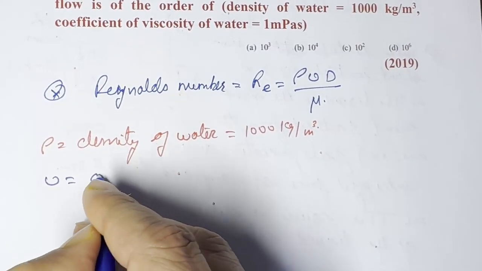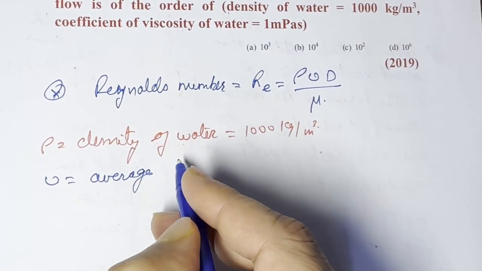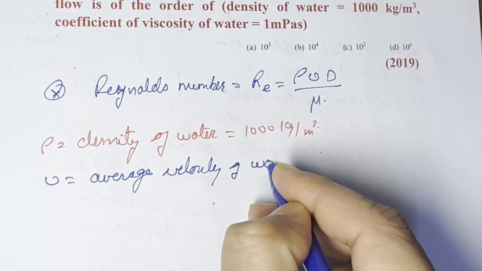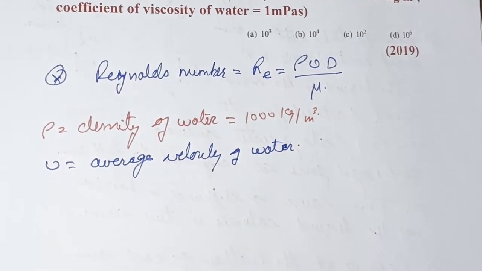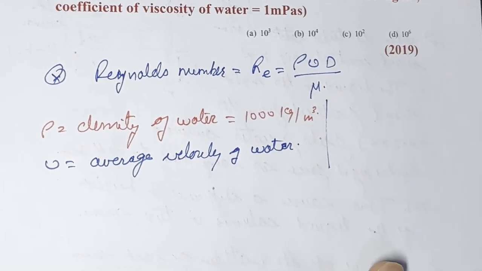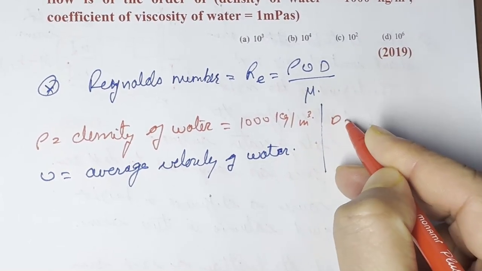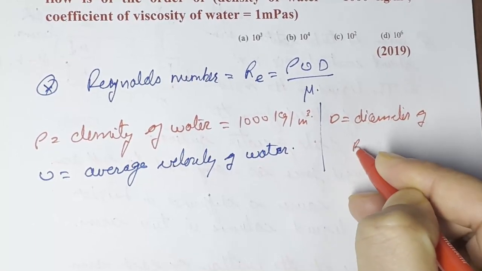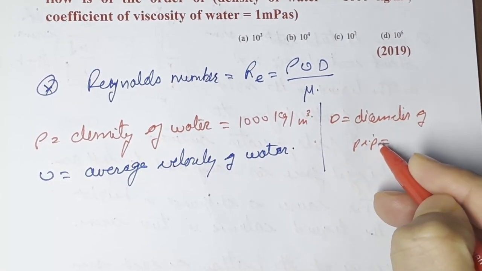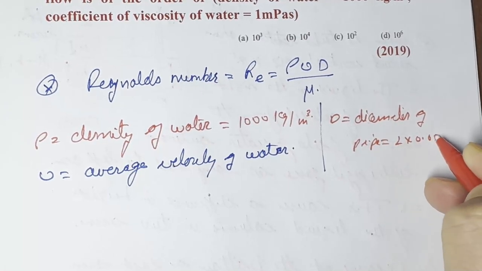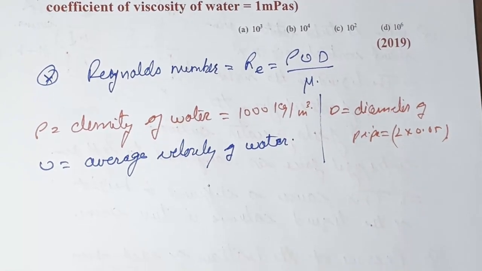So V is the average velocity of the water, which we are going to calculate, and we have D is the diameter of the pipe, which will be equal to 2 into the radius in centimeter, so we convert it into the meters. And we are also given mu, that is a coefficient of viscosity.